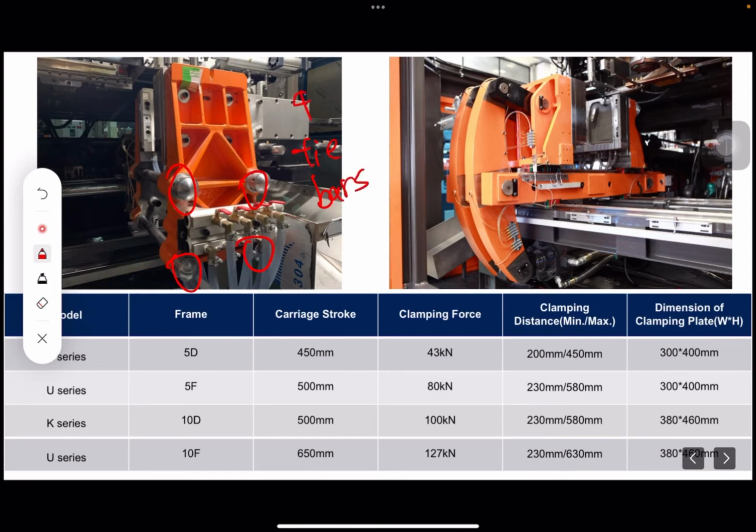And next is the toggle clamping system, and here is the railway. So as you can see, just from the picture, U series is much bigger than the K series.